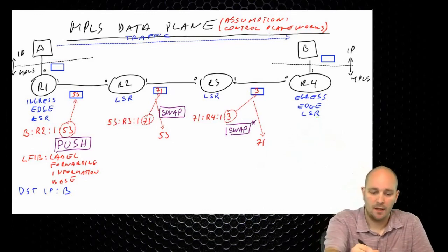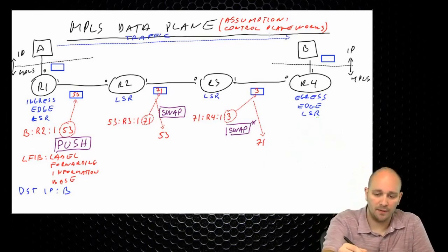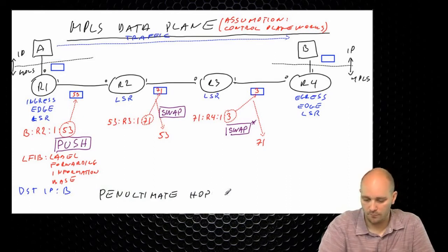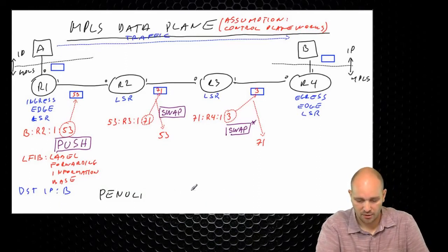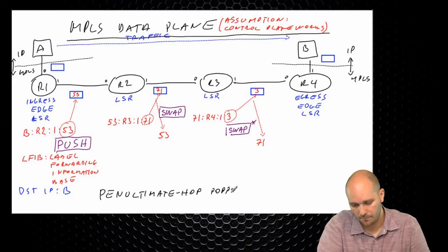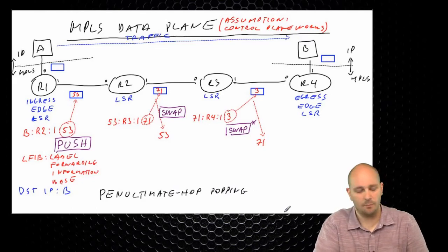Now, penultimate hop popping, so let me just add that somewhere. Or actually, I should put the dash. It's penultimate-hop-popping. And I just have to say this again, penultimate hop popping.